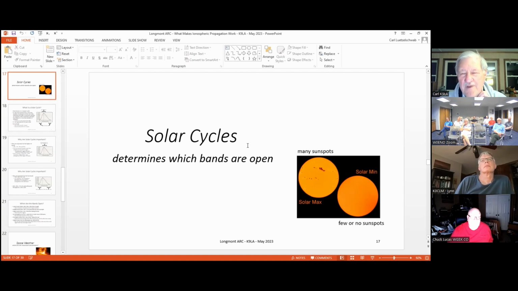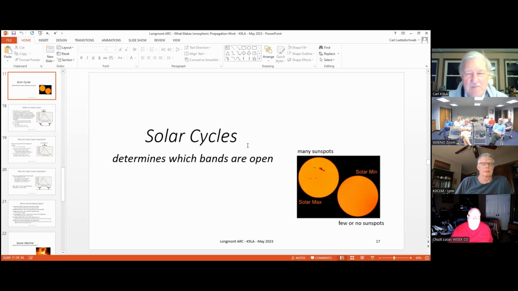That's one of the ways we can tell which cycle a sunspot is from, because solar cycles do overlap. And from what I've seen, there's an overlap of about a year when there are sunspots from the old cycle and sunspots from the new cycle. And that's one way to tell, the solar latitude.